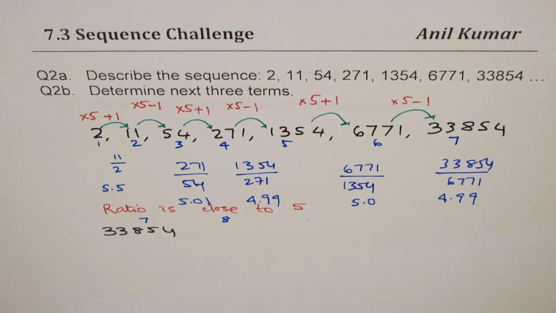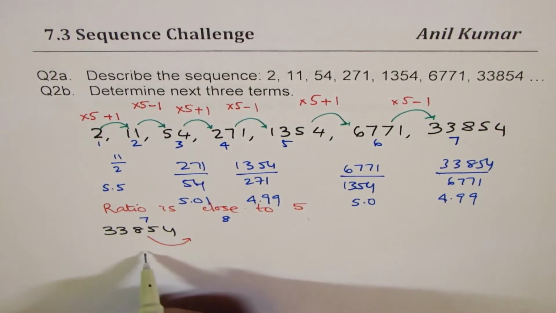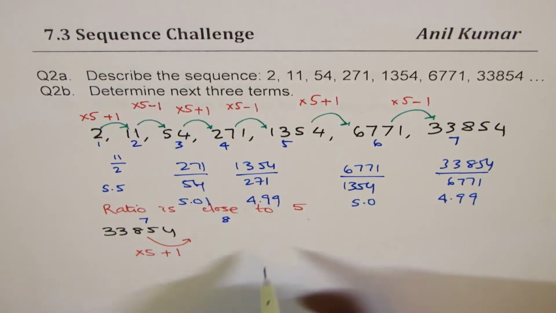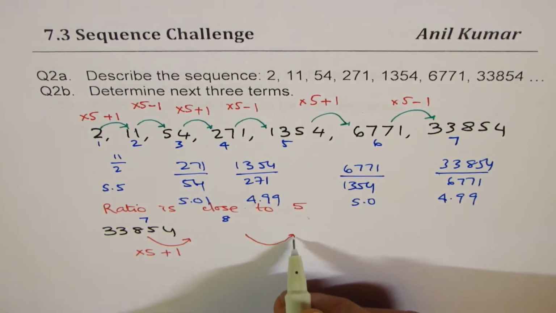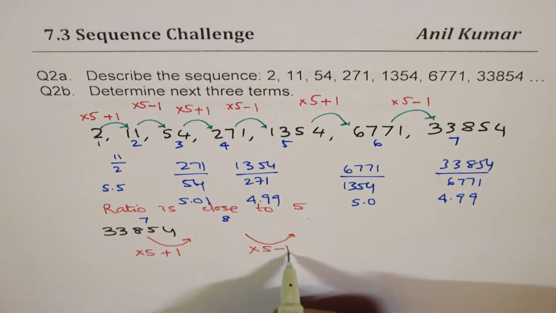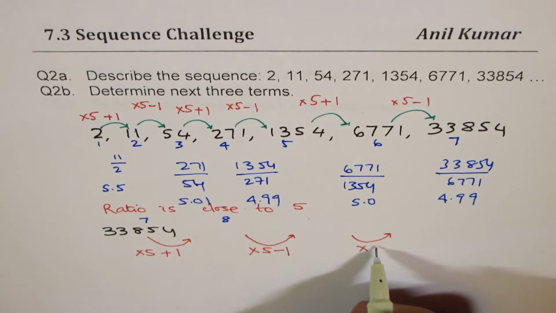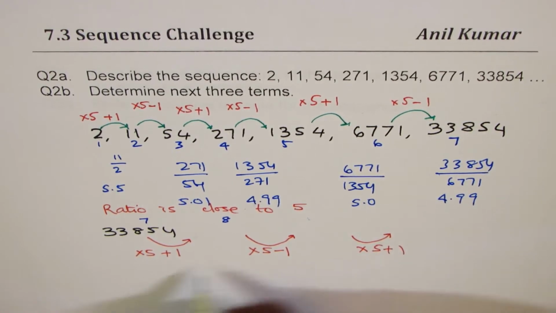So what are we going to do now? We are going to times 5 plus 1, correct? Get a number. And then from there, we will do times 5 minus 1. And then from there, we will do times 5 plus 1. So we'll follow this pattern. Let's do it.